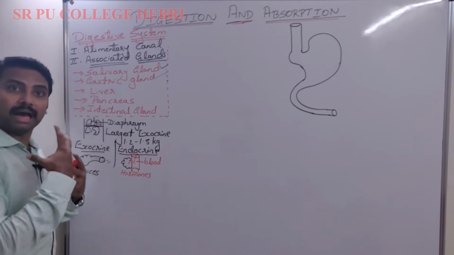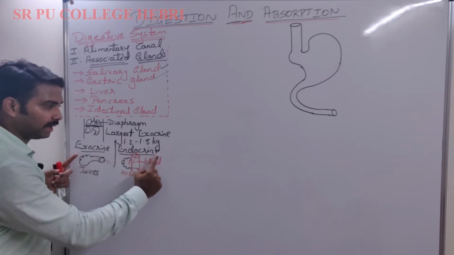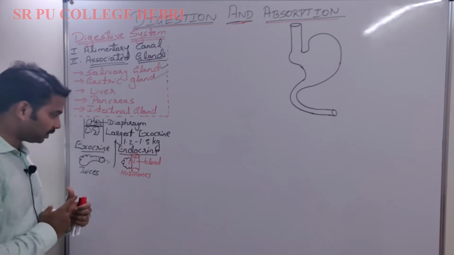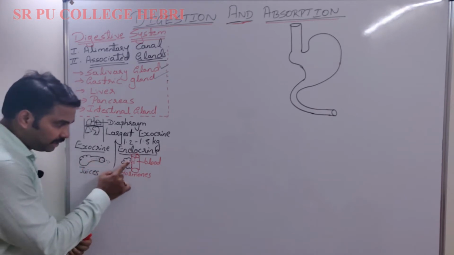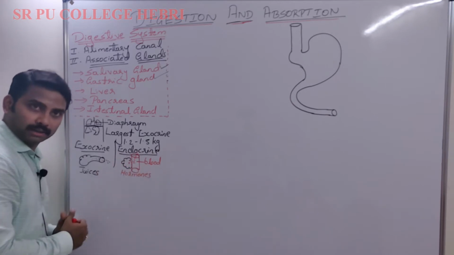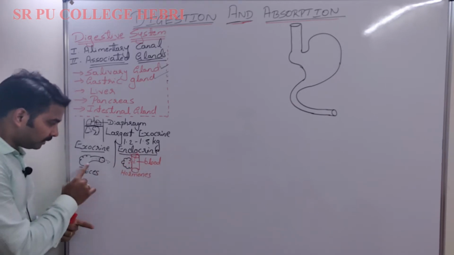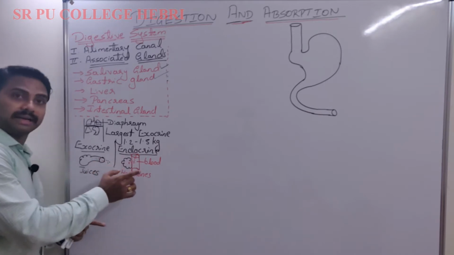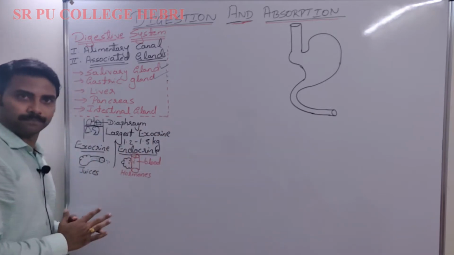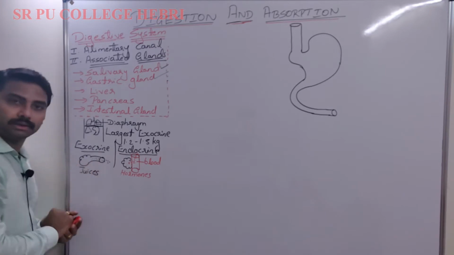Glands of the body are two types. Number one exocrine, number two endocrine. First difference, these are the glands with duct. These are the glands without duct. Note down. Number two, they secrete enzymes or juices which reach the target site through what? Duct.